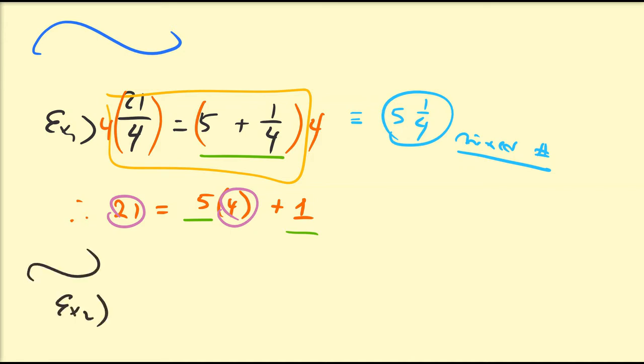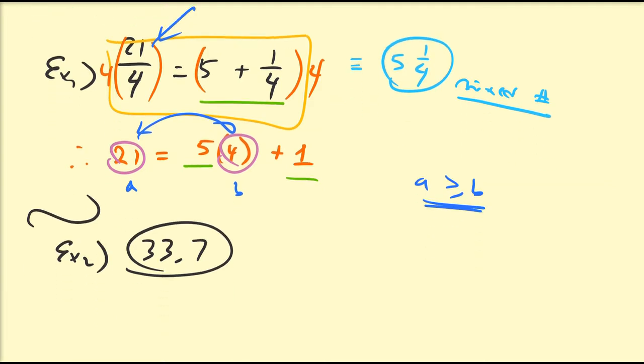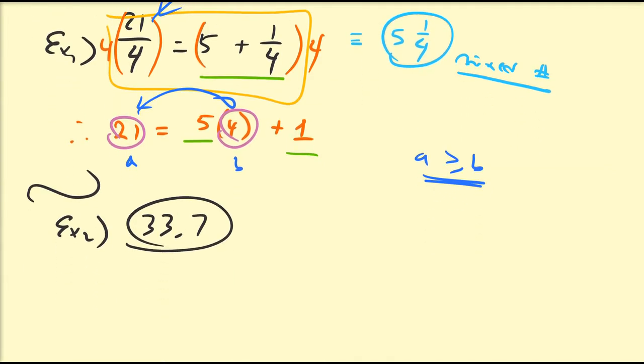For example, what if we have the numbers 33 and 7? And we can, of course, assume that this number is the greater of these two numbers, right? So we can assume if this is A and this is B, we can assume that A is greater than or equal to B, right? Because we can always switch them around if we need to.